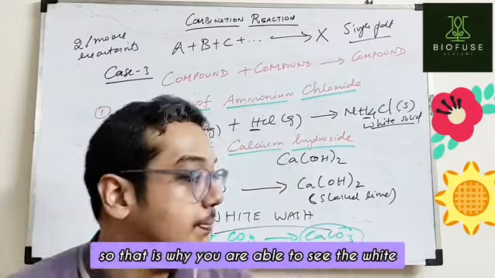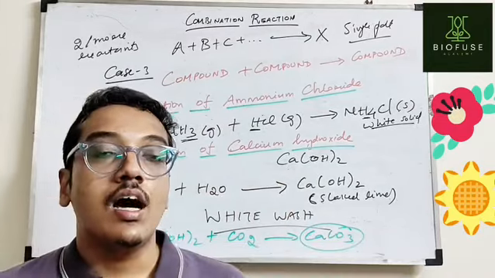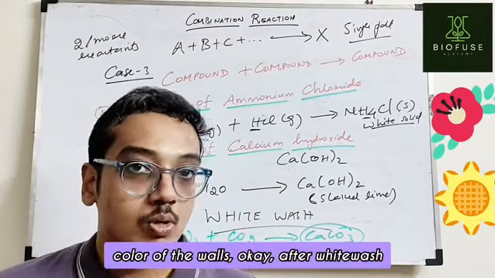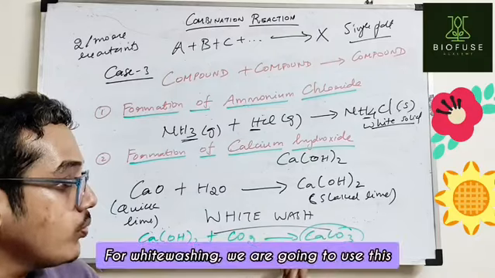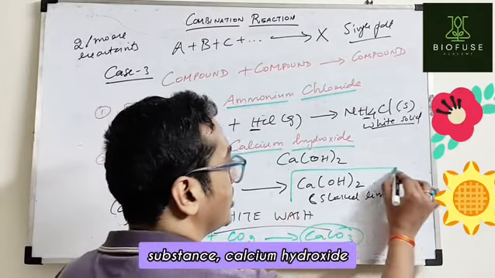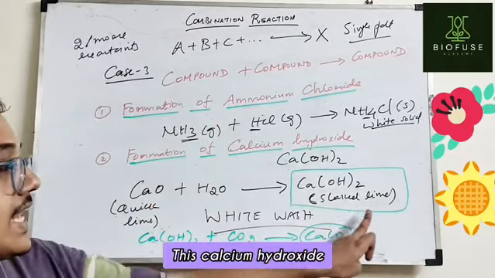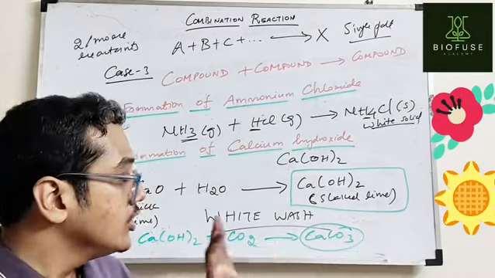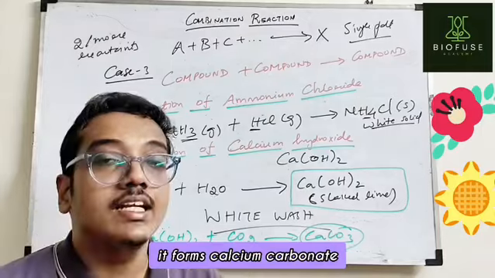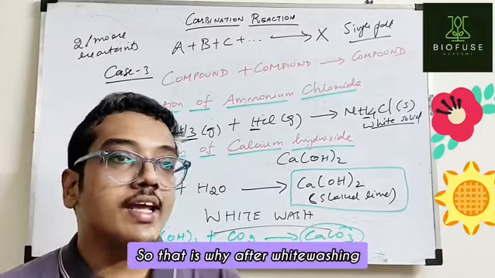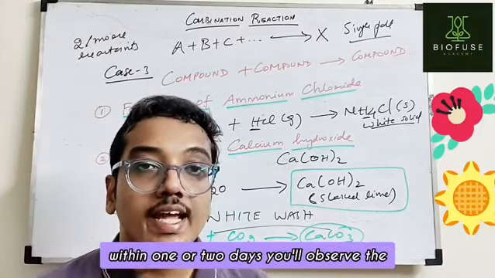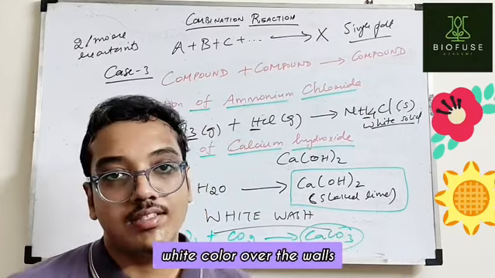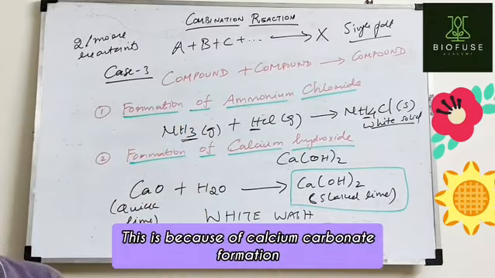That is why you are able to see the white color of the walls after whitewash. For whitewashing we use calcium hydroxide, which after coating on the walls combines with carbon dioxide. At that time it forms calcium carbonate, which is solidified. That is why after whitewashing, within 1 or 2 days you will observe the white color over the walls. This is because of calcium carbonate formation.